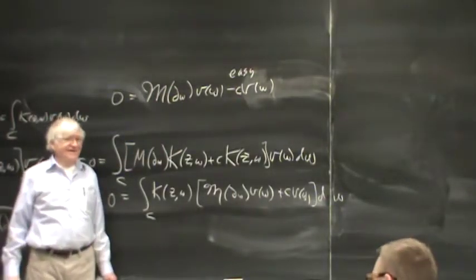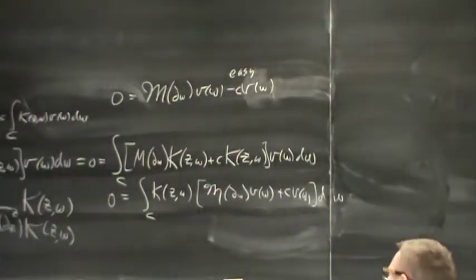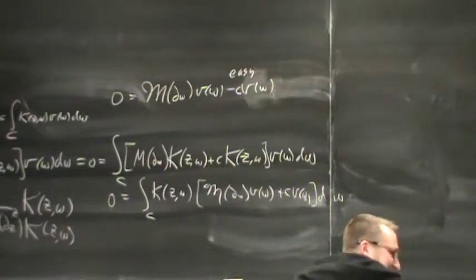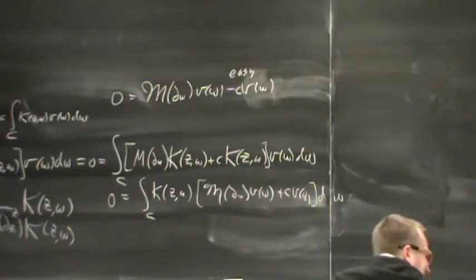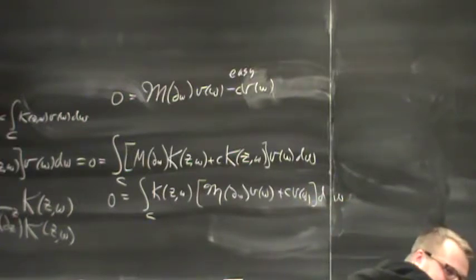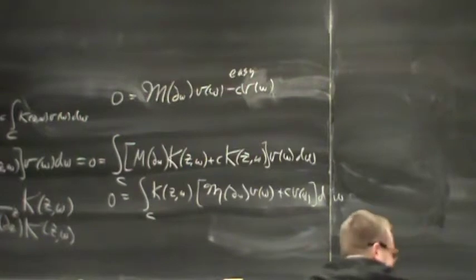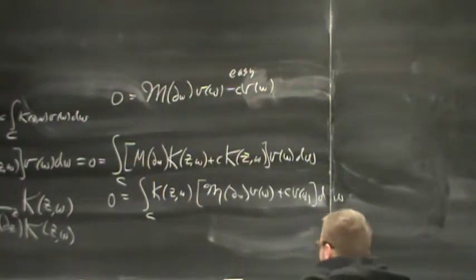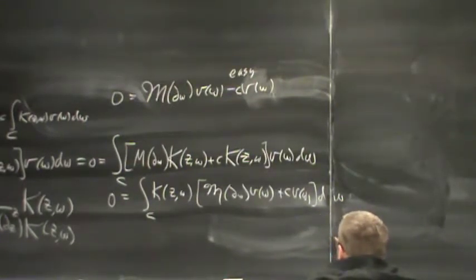Well, he's asking why is it minus CV of W? Why isn't it plus CV of W? All right, I screwed up.